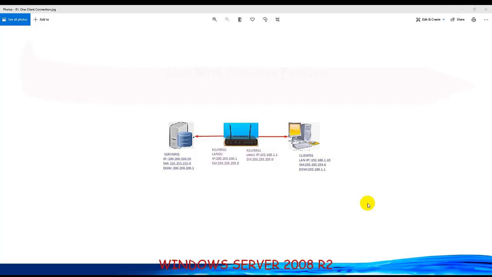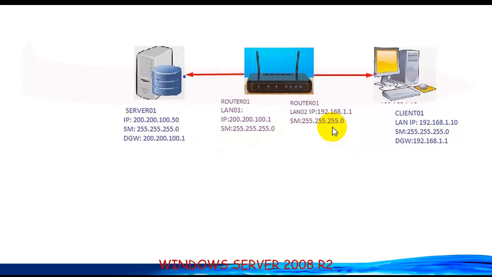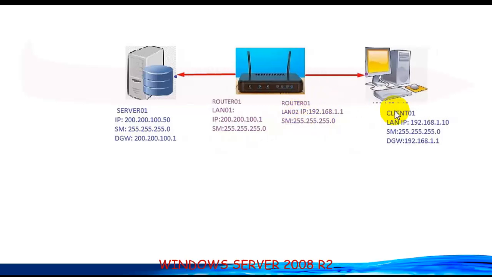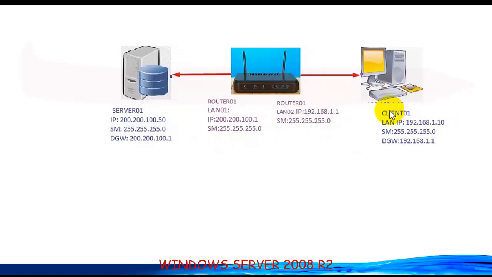In the first course, we will connect a server with this IP, and there will be a router, and then there will be one client. So this is the scenario of the first module.